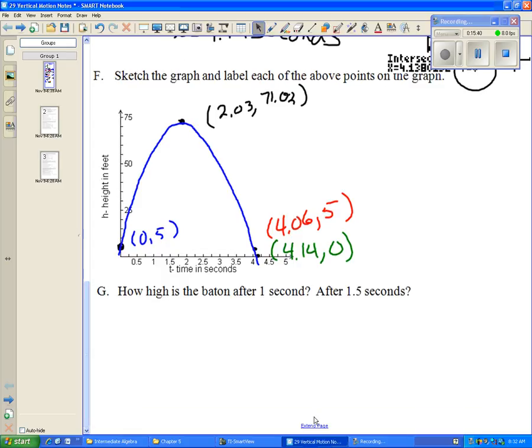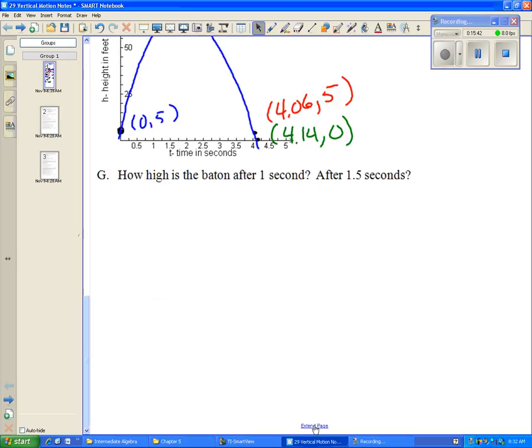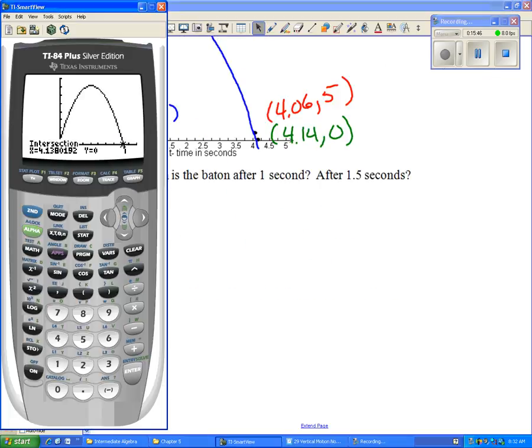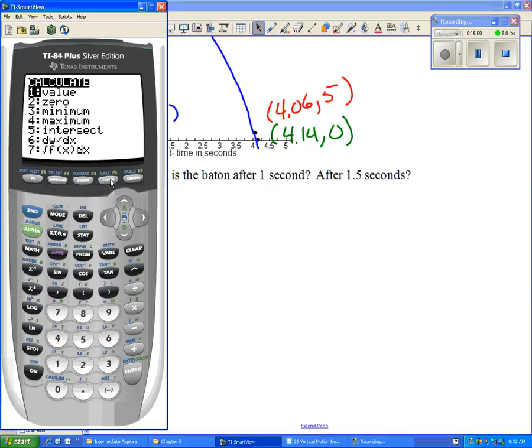For letter G, let's go ahead and bring up our calculator once again. I want to know when the baton is at 1 second and 1.5 seconds. I could go to the table button right here, hit second table. But what I'm going to choose to do is, again, go back to calc. I'm going to hit second trace to go to calc.